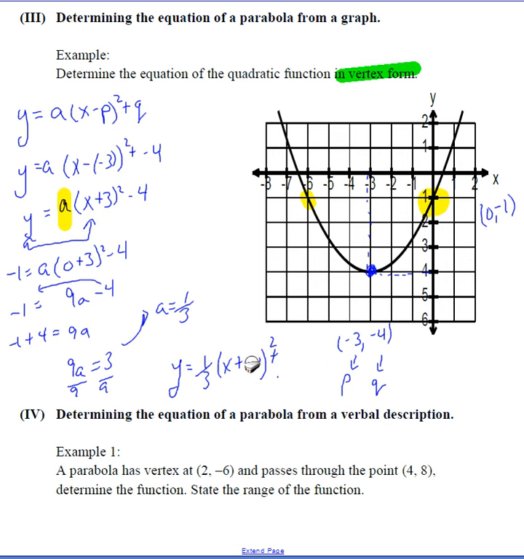So our p-value is +3, the opposite of the x value. This one here, plus -4. Or you could just say subtract 4. So this one is our answer here.